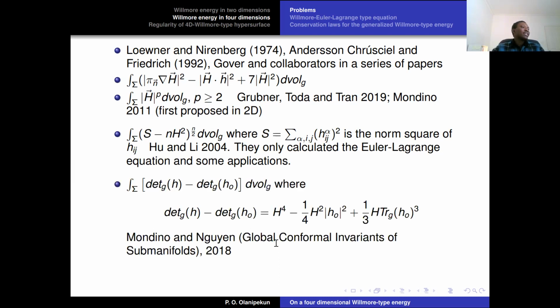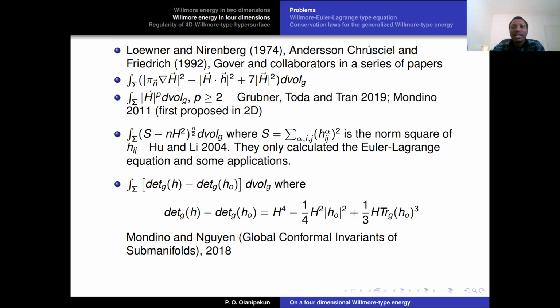So Mondino and Nguyen in 2018, in their paper Global Conformal Invariants of Submanifolds, actually that should be section 5 of that paper, they consider this energy as a higher dimensional generalization of the Willmore energy.